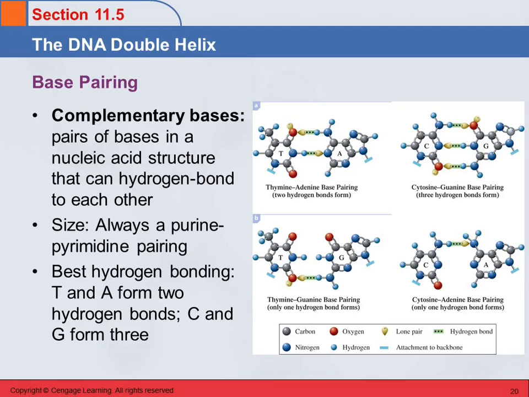Your book has a couple of different little methods. So here's C and G, A and T. Let's just look at the letters. Both C and G are curvy letters, right? They look a lot alike. They go together. A and T, I didn't draw that A very well.